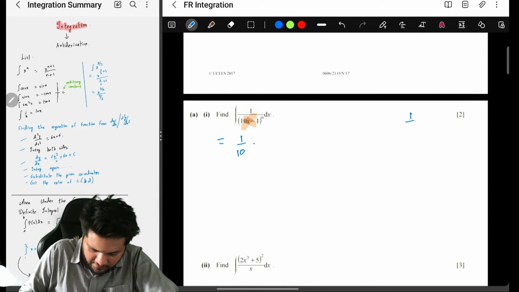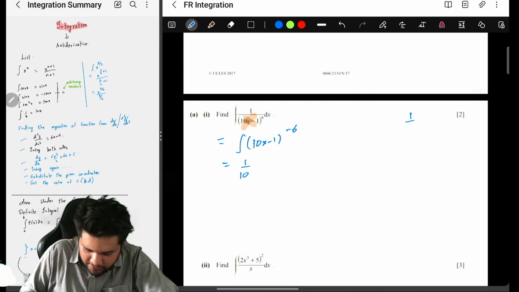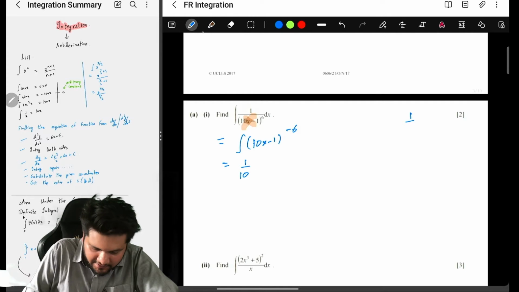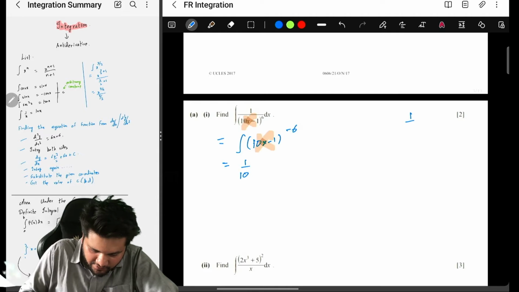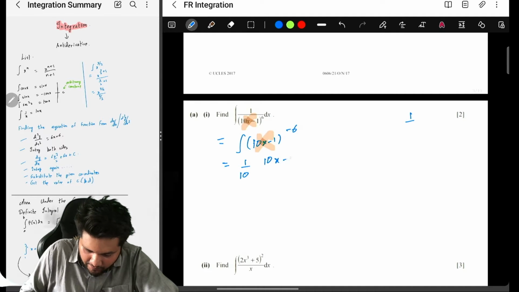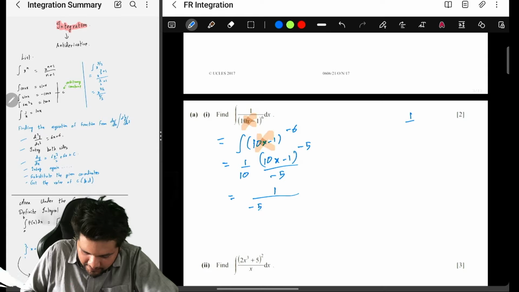Maybe we'll just write it like this: (10x minus 1) to the power of minus 6. The moment I put the coefficient of x in the denominator, I can consider this thing as x. Now integral of x to the power of minus 6 is nothing but (10x minus 1) to the power of minus 5 upon minus 5. So the answer is going to be 1 upon minus 50 times (10x minus 1) to the power of 5. That's your answer.